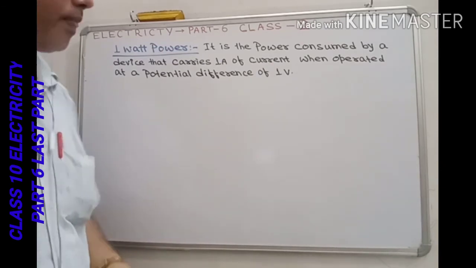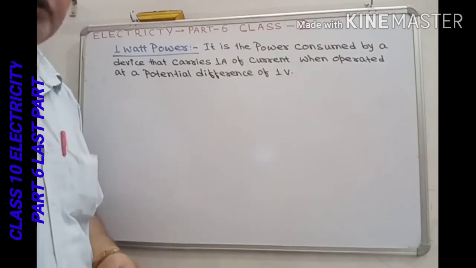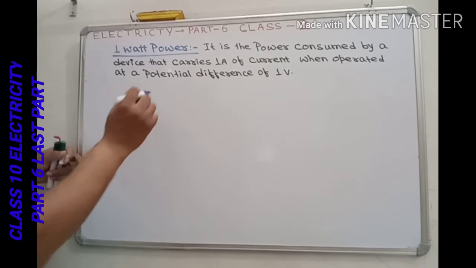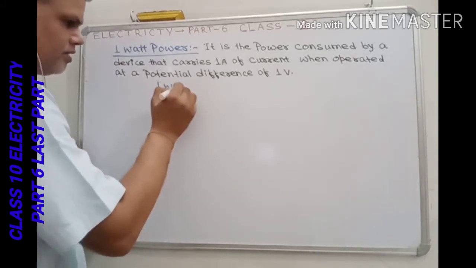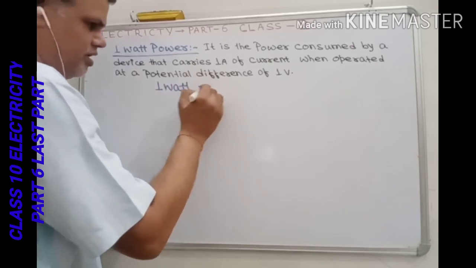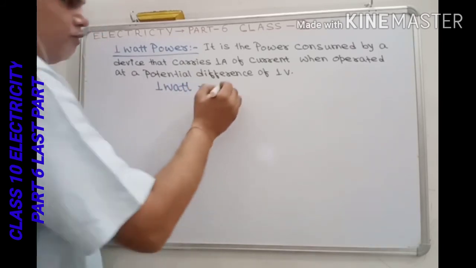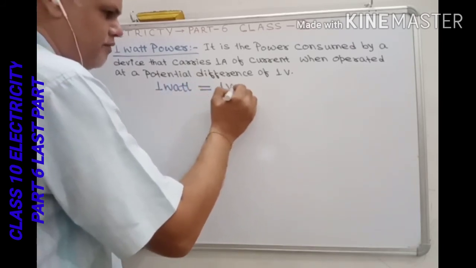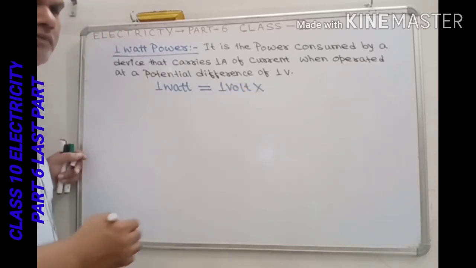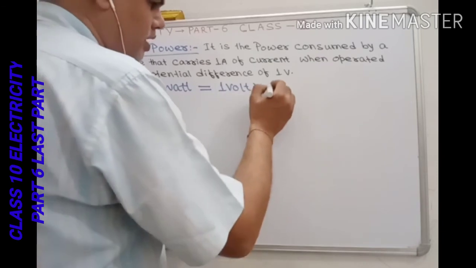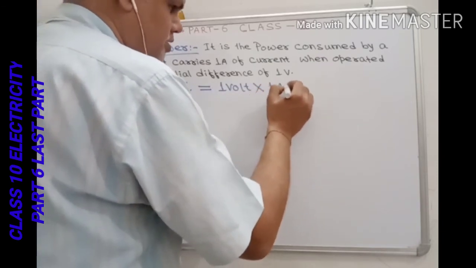So by this definition, we can write that 1 watt of power is equal to 1 volt of potential difference multiplied by 1 ampere of current.